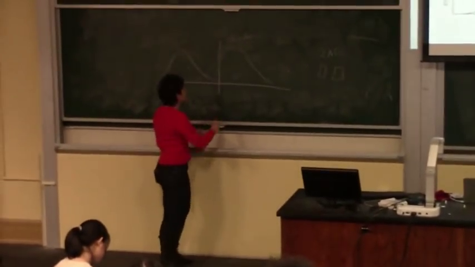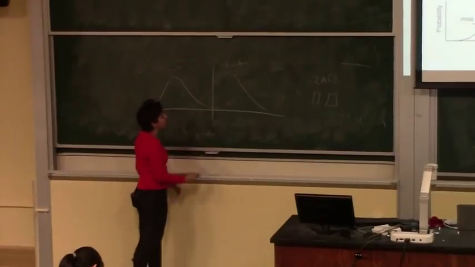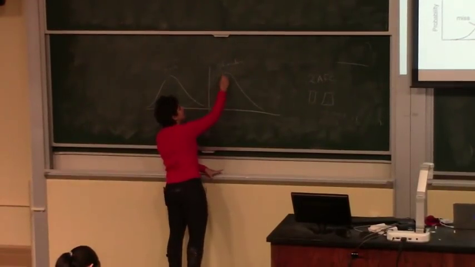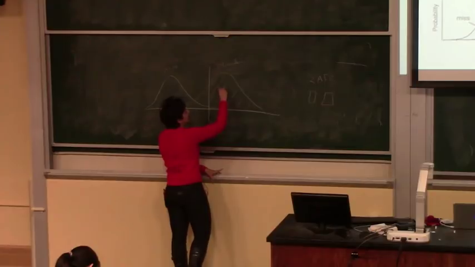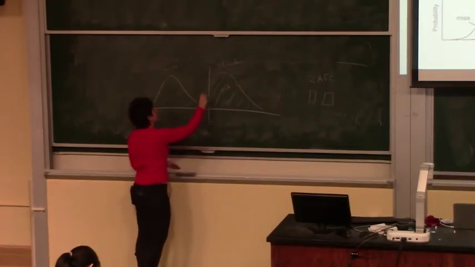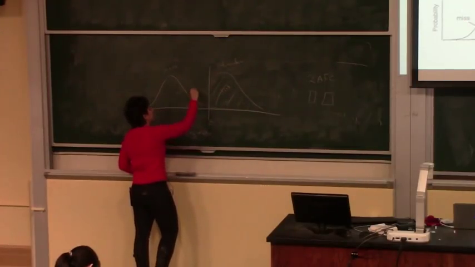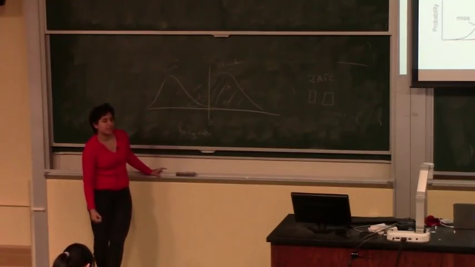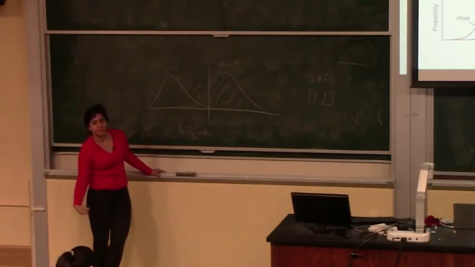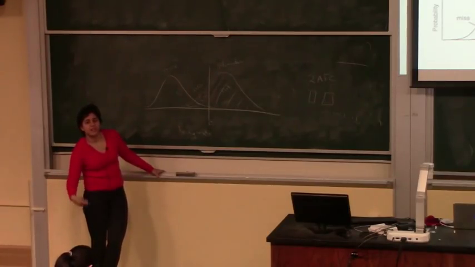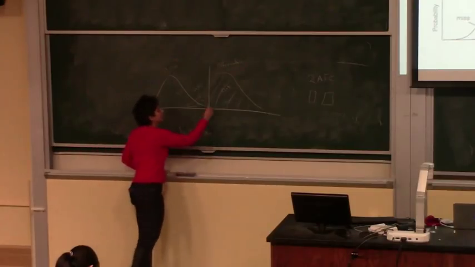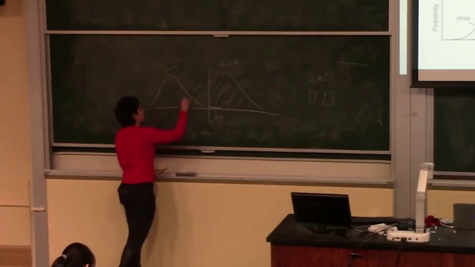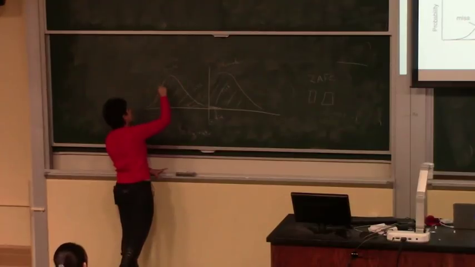So if this is my beta, my hit is going to be under the stimulus curve, and my miss is going to be under the stimulus curve. And then false alarm is when you say there is a stimulus present, but there's actually nothing but noise. So your false alarm is going to be over here. And then correct reject is when you say there is nothing present and there's actually nothing present, so that's correct reject.